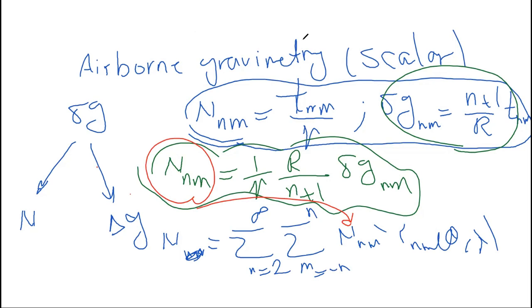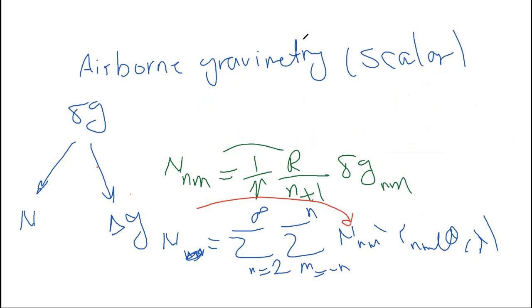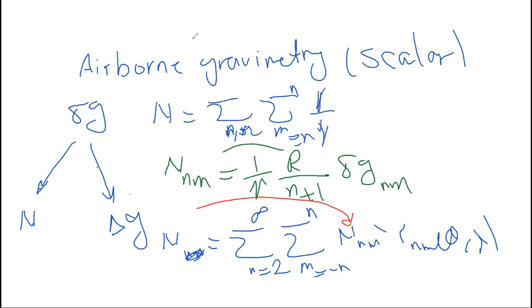Therefore, we come to a new formula, which is N equal to, let me write, not a double summation, it will be confusing then, the sum of N_nm: R over gamma, times 1 over n plus 1, delta g_nm.